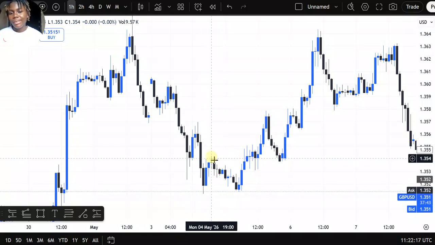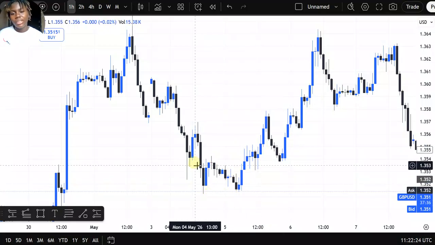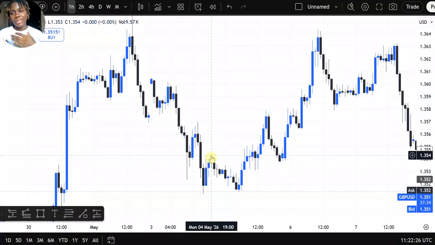No, it didn't. It came back up here, came here, and then it bounced off this point and then breaks here. Now this point that it broke past is now a change of character.